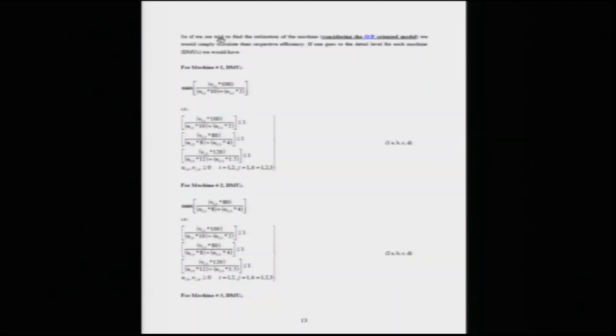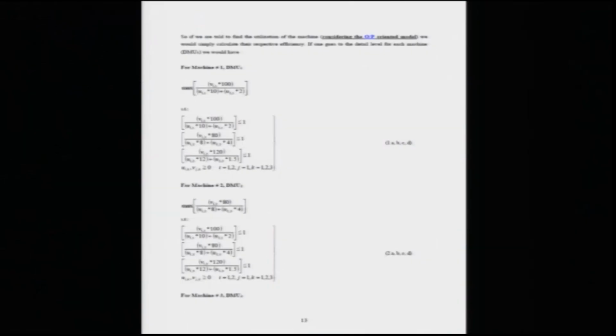So this is how we will formulate. If you are told to find out the utilization of the machine considering the output oriented model, we would simply calculate the respective efficiency, where you put the output in the numerator and the input in the denominator and try to maximize that, while in the input oriented model we will put the ratio of the input to the output, fix the output at a level of 1, which is basically a normalization, and try to minimize the input.